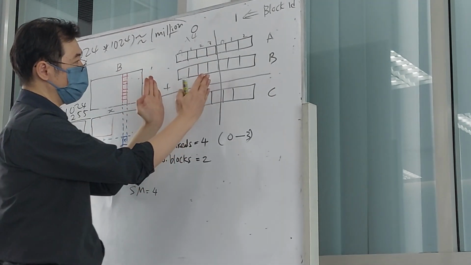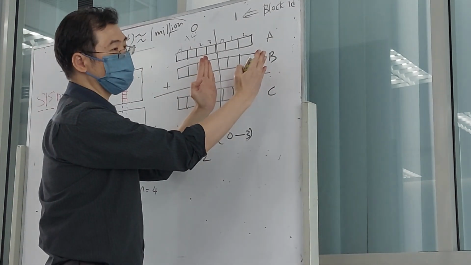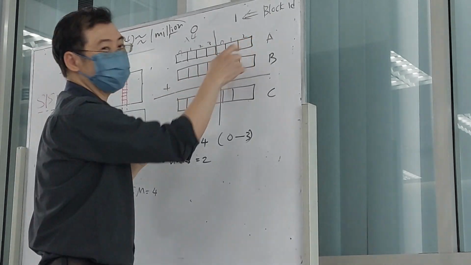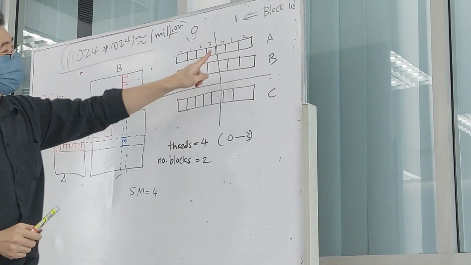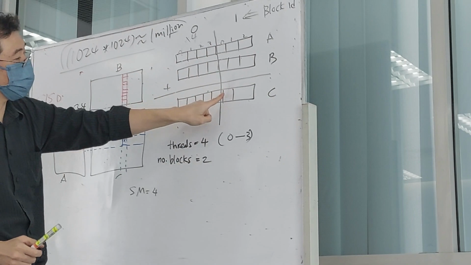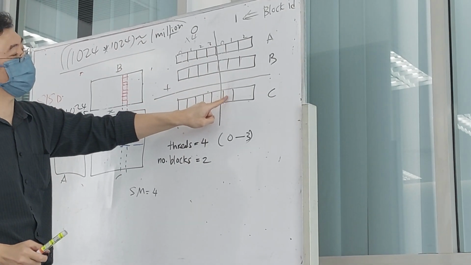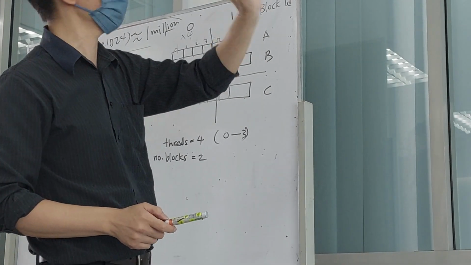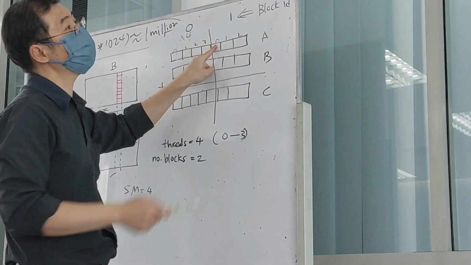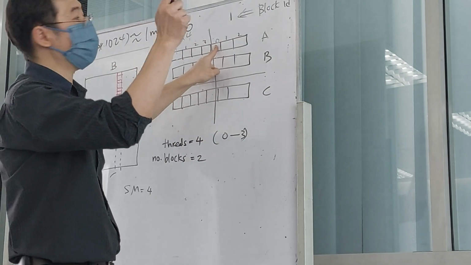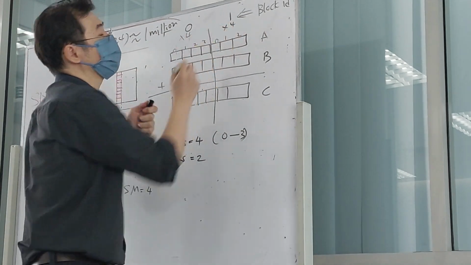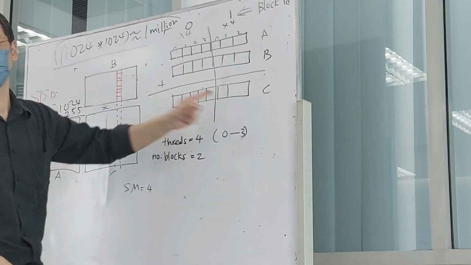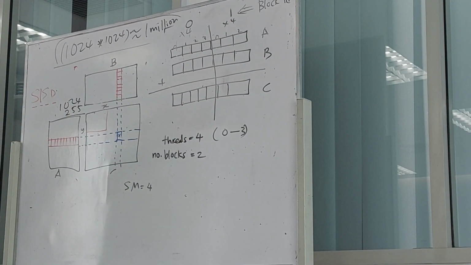Now next, right now we are looking at the next block, but it's going to be executed by this 0, 1, 2, 3 again. Okay? And it must be correct, right? You must select the correct element and pick. So let's see. Thread ID is 0 because it's this 0, but block ID right now is 1. 1 multiplied by 4, what do you get? It's 4. Right now you're here. Plus 0 is going to be here, so it's correct, but it's going to be executed by thread number 0.